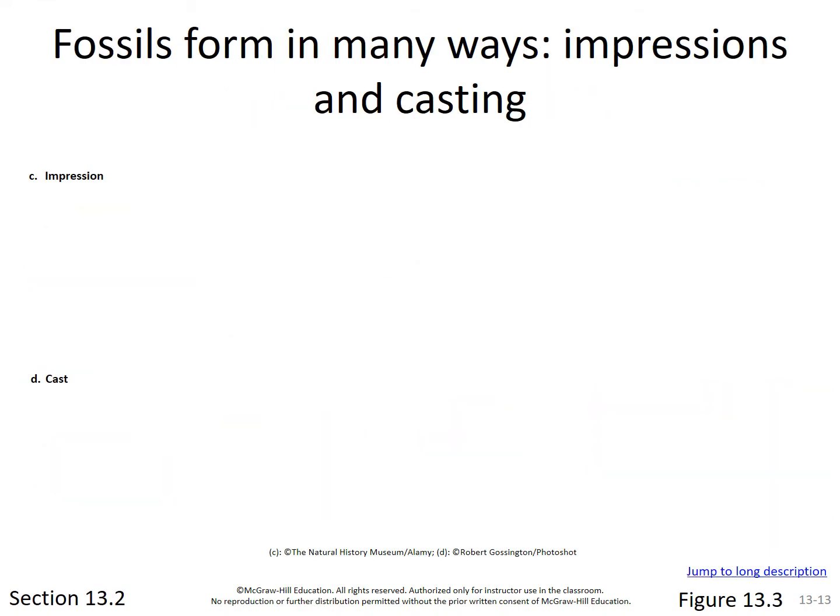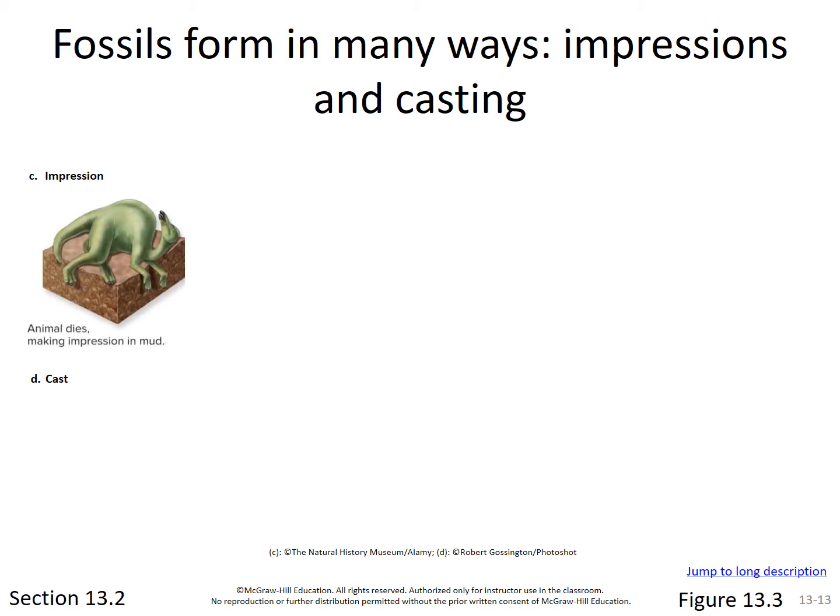The next two ways of fossil formation that we're going to cover are impressions and casting. And so these are kind of opposite numbers of each other. So in an impression fossil, an animal dies and it makes an impression in the mud or the sediment beneath it. So a sort of a print of that animal remains. Now the animal decays away, but the impression that was originally made beneath it remains there.